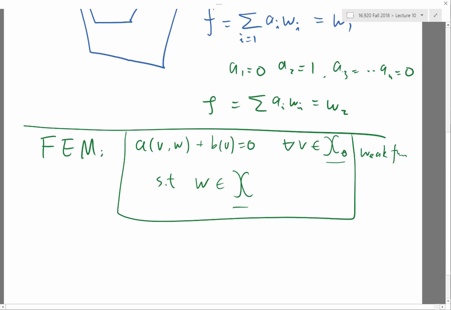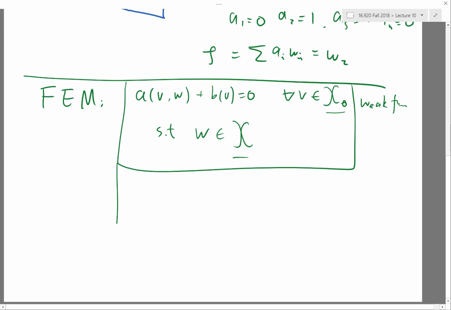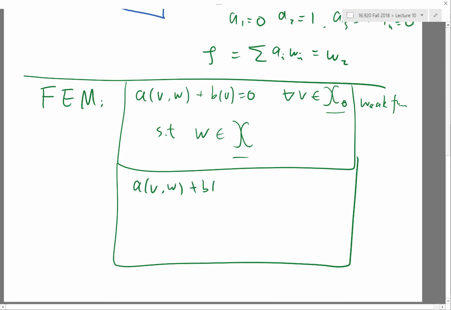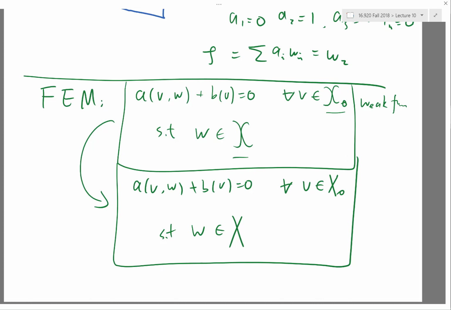So we are basically going to convert that weak form into the finite dimensional. We are going to write the weak form exactly as it is, but say v has to be in a finite dimensional X0, and w has to be in the finite dimensional counterpart. So finite element is basically restricting the weak form to a finite dimensional space, and that's it.